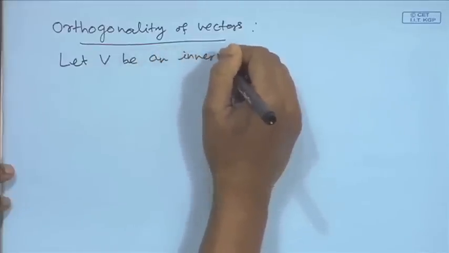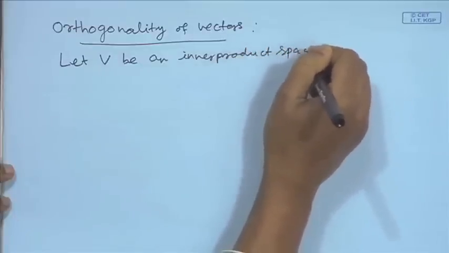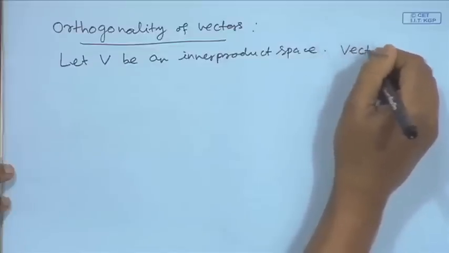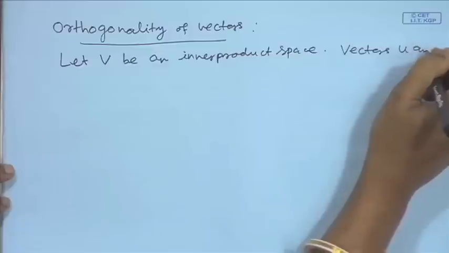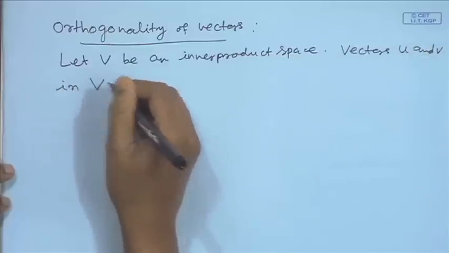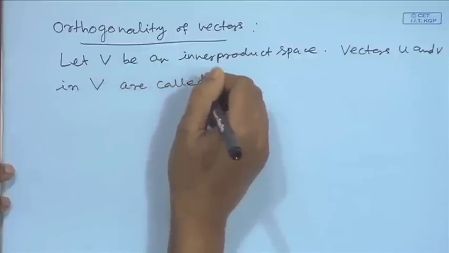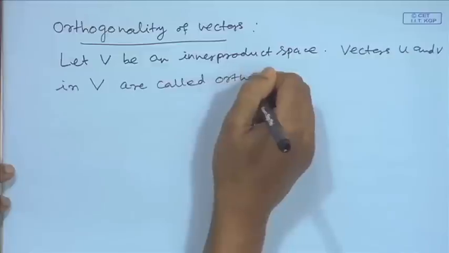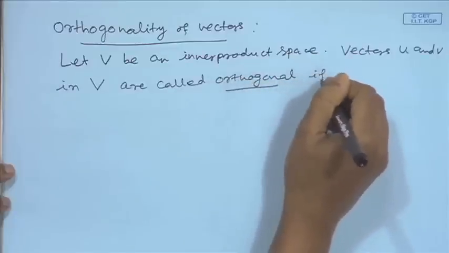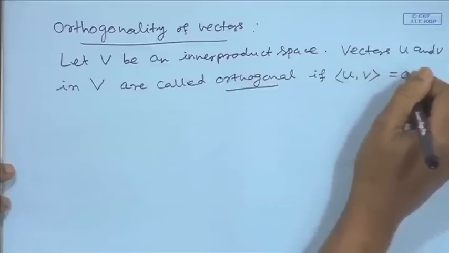Then vectors u and v in this inner product space are called orthogonal if the inner product of u and v is equal to 0.